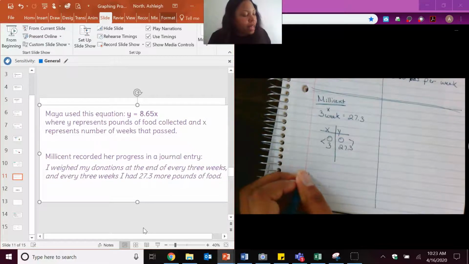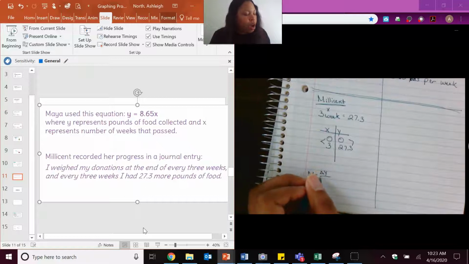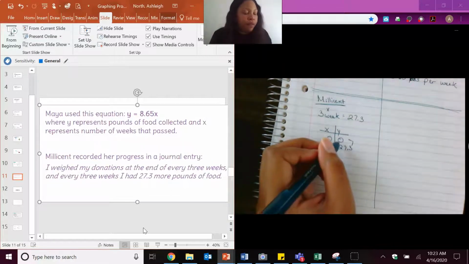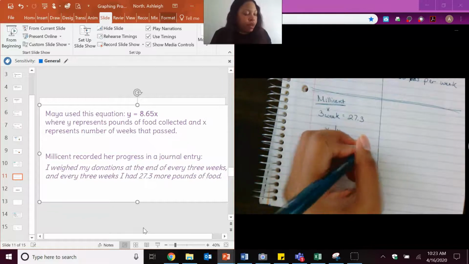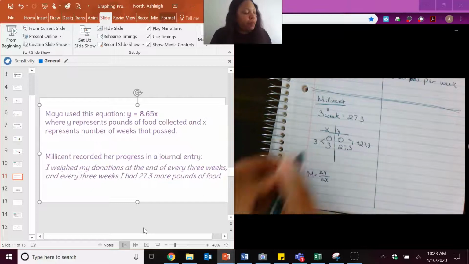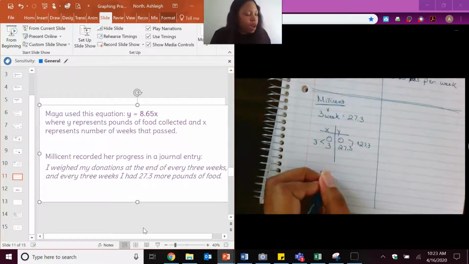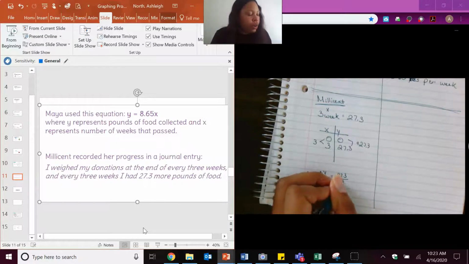Whereas my M equals the difference of Y over the difference of X. How do I get from 0 to 27.3? I literally add 27.3. How do I get from 0 to 3? I add 3. So then therefore, my rate of change is 27.3 over 3.